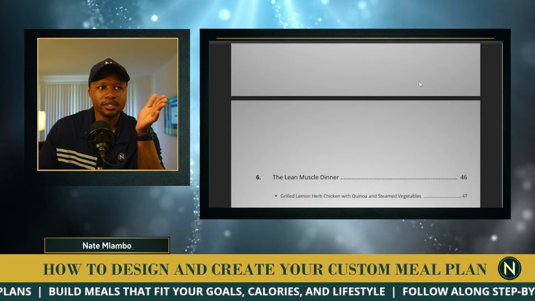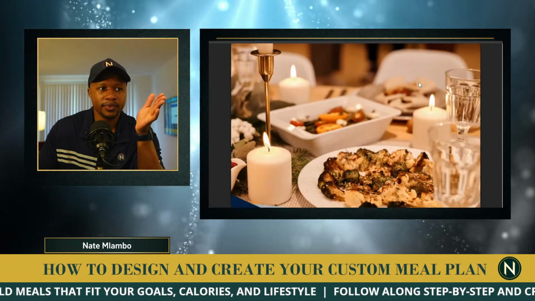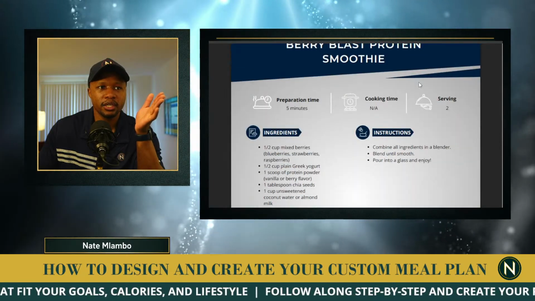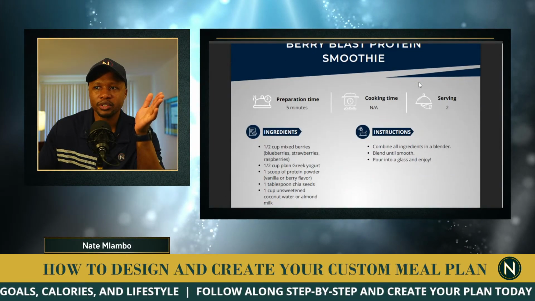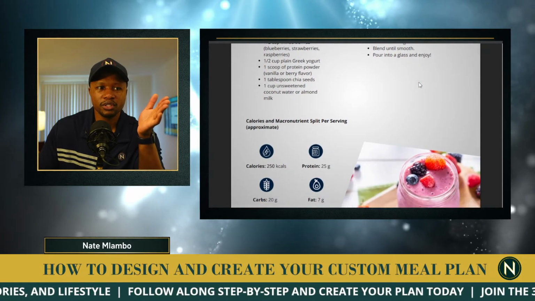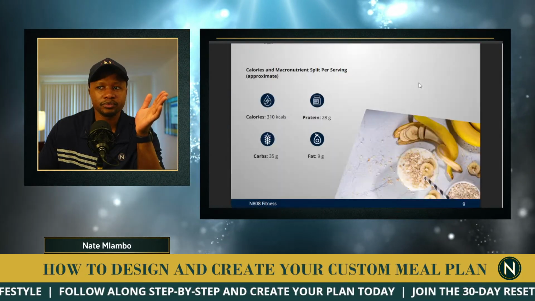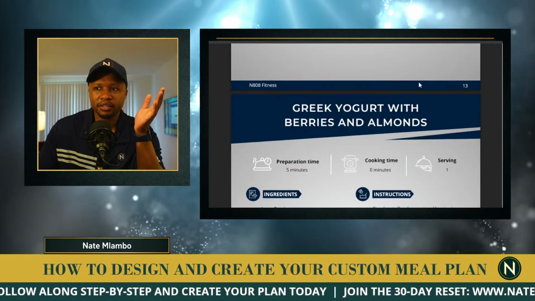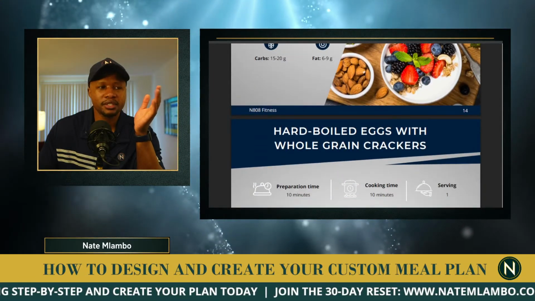We've got over 69 recipes in here. This is a recipe guide. If you want smoothies, you get the smoothies. If you want an actual breakfast, you also get your breakfast.